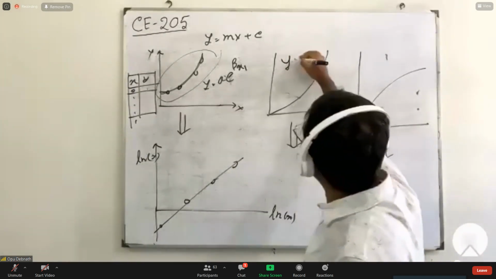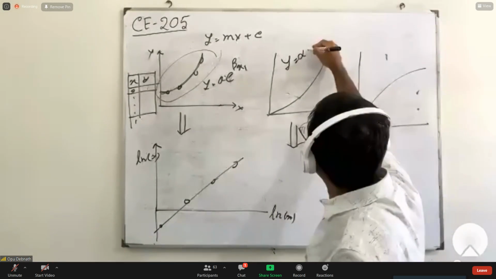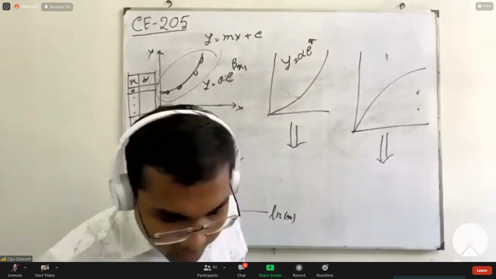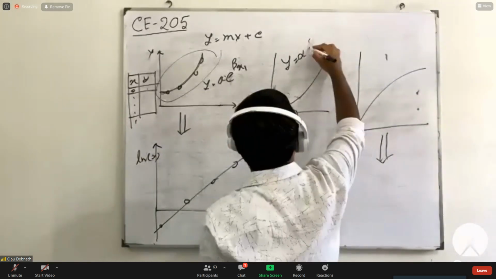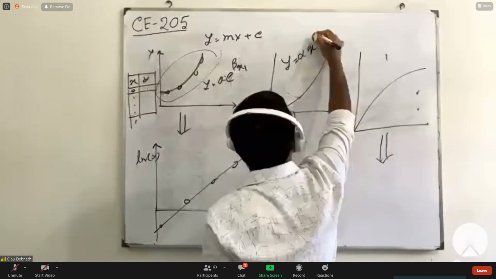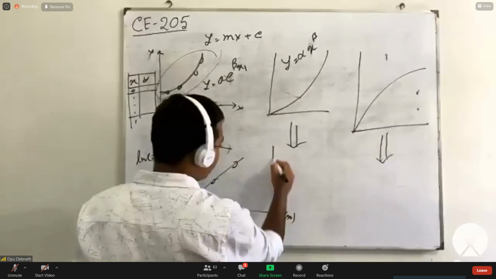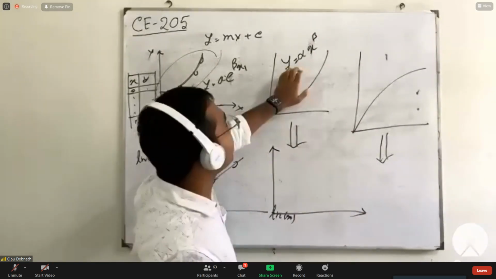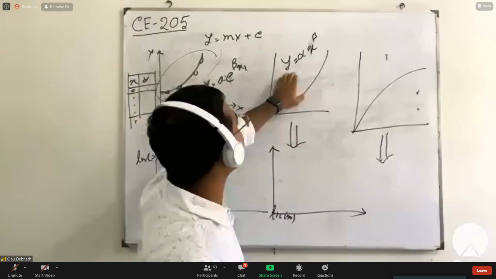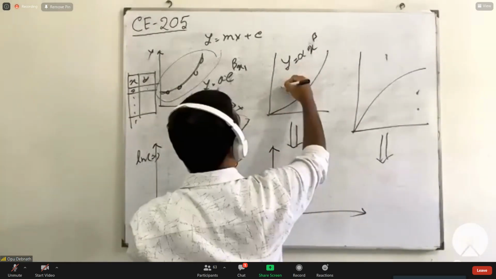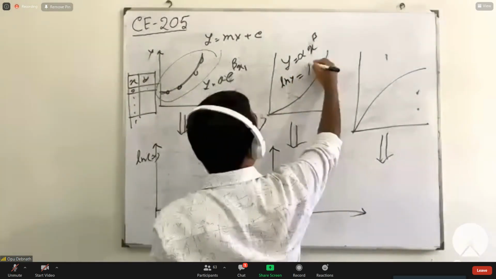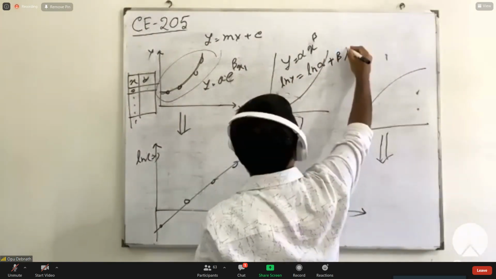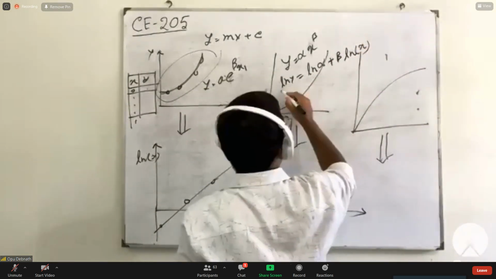y is equal to alpha x to the power beta. This is another equation. So this can also be linearized by the ln function. If we take ln y, this will be ln alpha plus beta ln x.